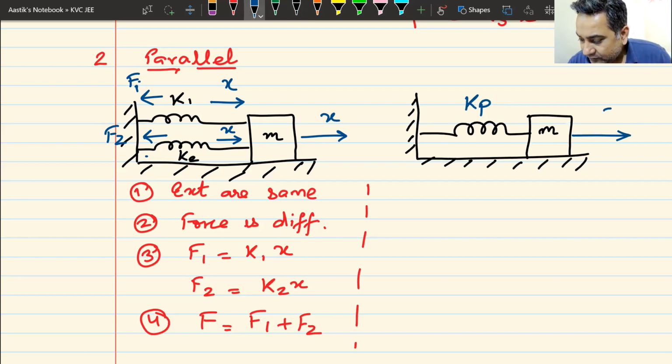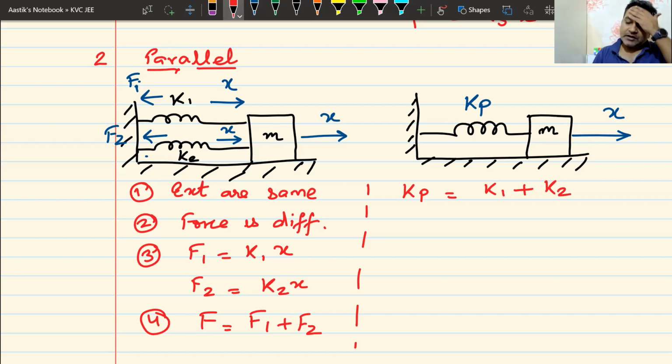I have moved this block by x. The spring also moves by x. How do I get the value of Kp? Remember, Kp for the parallel combination is nothing but equal to K1 plus K2. So I just add K1 and K2 and I get the value of Kp. If I have more than 2, I can write it like this.